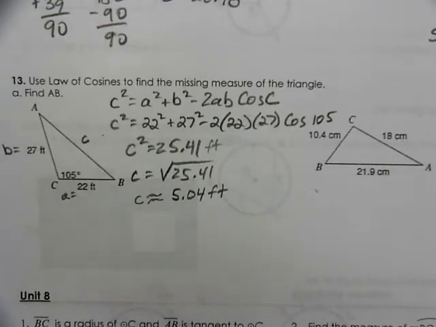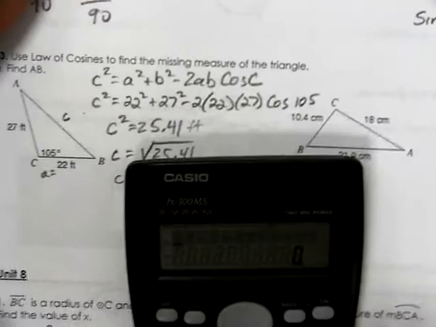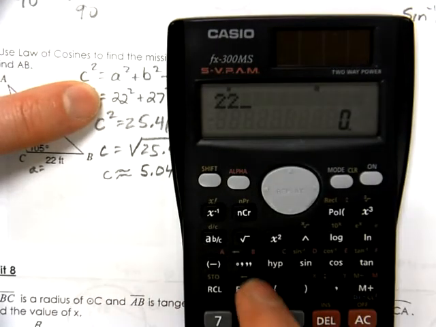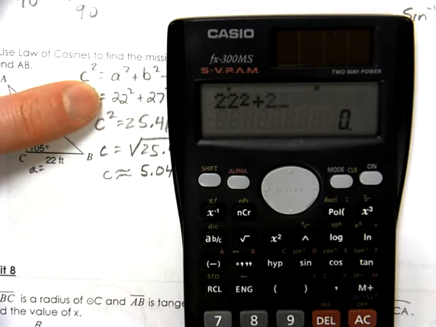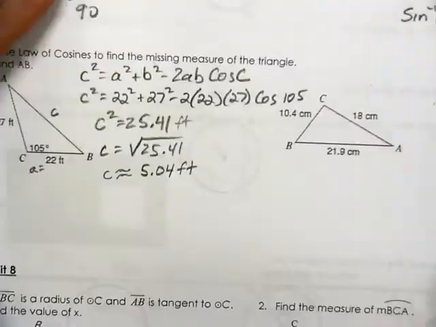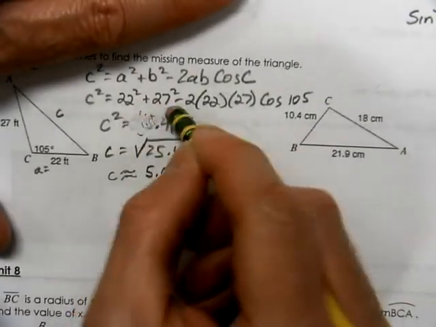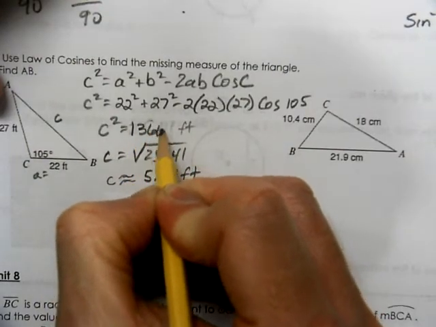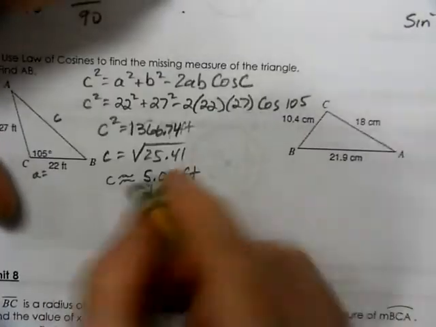So let me see what happened here. Maybe I typed it in the calculator wrong. 22 squared plus 27 squared minus 2 times 22 times 27 times the cosine of 105. Whoa. I'm not quite sure what I typed in the first time. 1366.74.